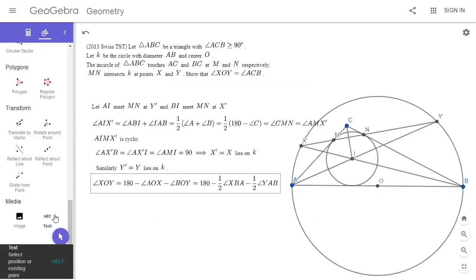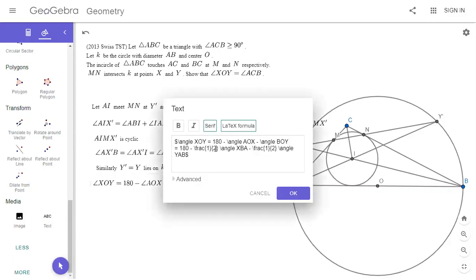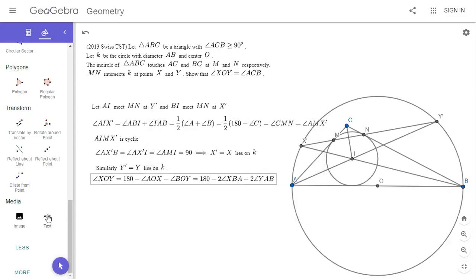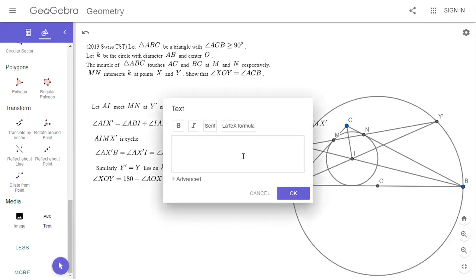And no, this should be 2, not half, 2. And that's just 180 minus angle A minus angle B is equal to angle C. And that solves it.